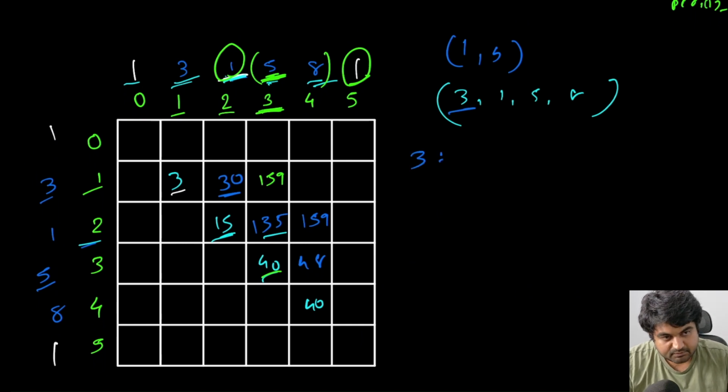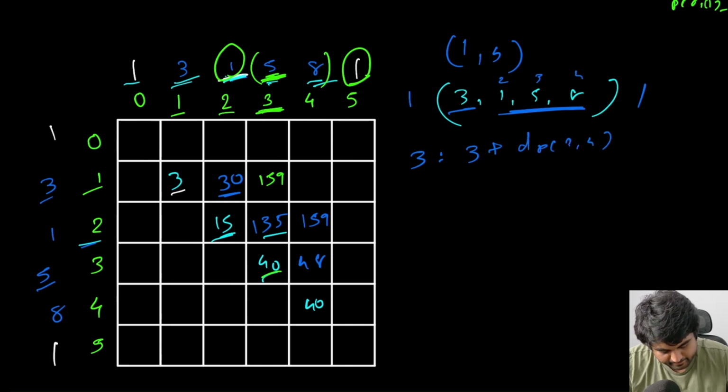If we decide to burst balloon number 3 last, basically the coins we would be generating would be 3 plus whatever the range we can get. So basically 2, 3 and 4. So dp of 2 to 4. So dp of 2 to 4 we already know that value is 159 and plus value number 3. So that is going to become value 162.